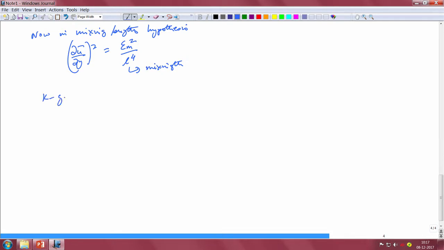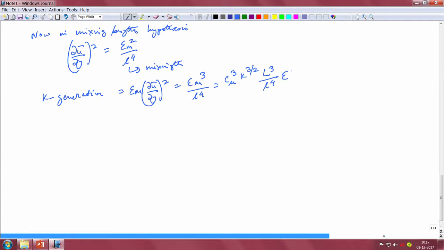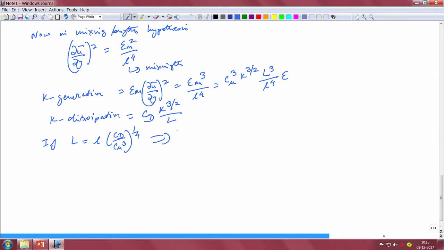So, the K generation term, that is epsilon into du by dy square, which is epsilon m cube by L4, which is C mu cube K to the power of 3 by 2 L cube divided by L4 into epsilon, and the K dissipation will be equal to C d K to the power of 3 by 2 by L. And if capital L is equal to small l into C d by C mu cube to the power of 1/4, you can write the K generation term as C mu cube divided by C d, C d by C cube mu, 1 by L to the power of 4 into epsilon.